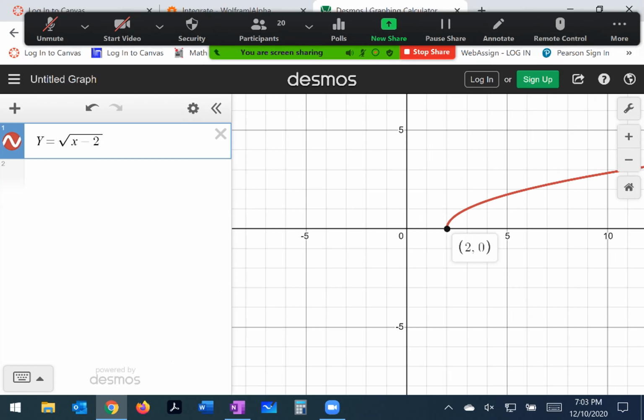So I would venture to say that if we're integrating this thing from 0 to 4, we could only integrate from 2 to 4.